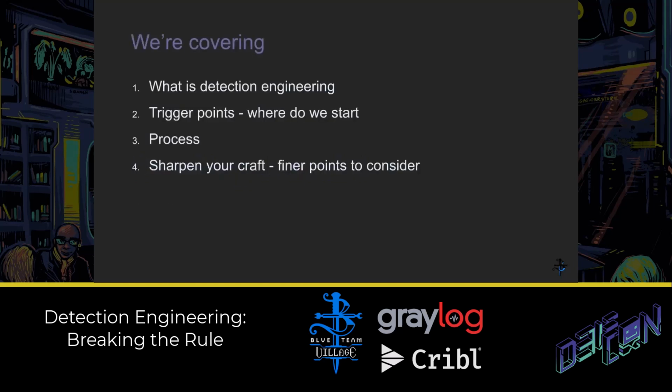In the next 20-25 minutes, we're going to cover what is detection engineering, the trigger points of how you get started with the process, what that process looks like, and finally, we'll take you through some scenarios which you need to consider to sort of up your skill in the detection engineering space.